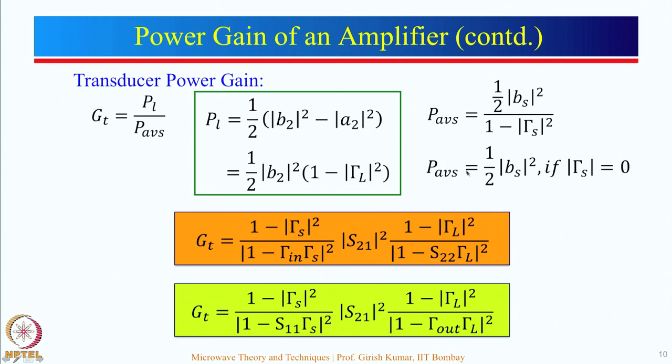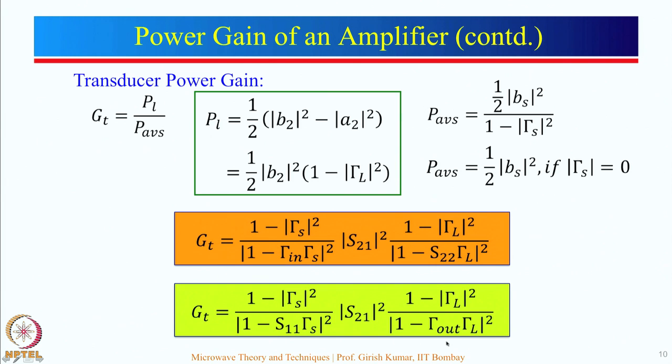But I still want to mention over here, you can see here this is gamma in. This is not the way it was written as B2 by Bs. You have to do a little bit of simplification. Gamma in is given by S11 plus S12 S21 gamma L divided by 1 minus S22 gamma L. Substitute that expression, you will get what we had derived in the previous slide.